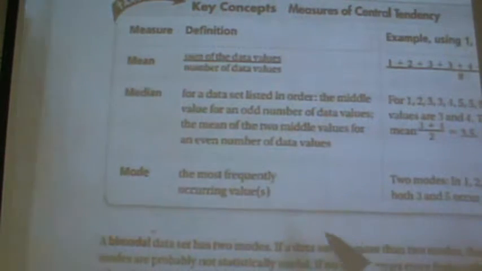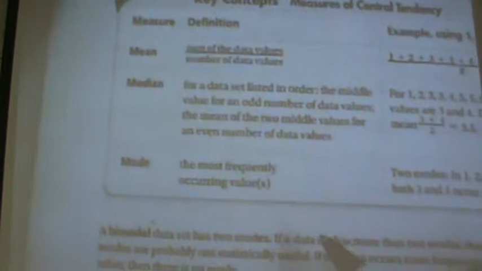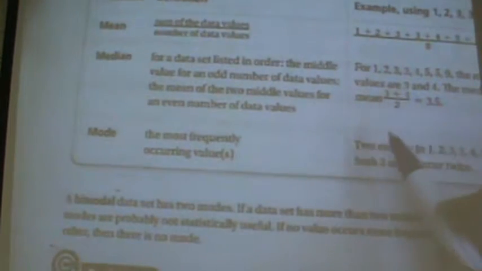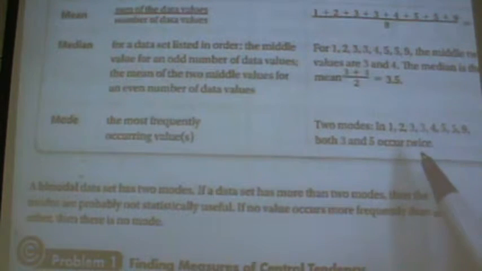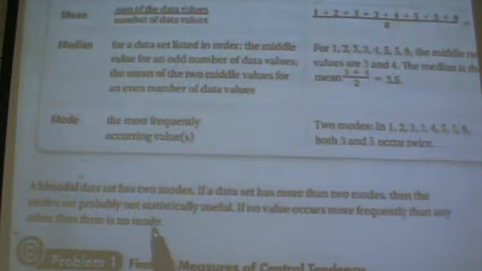Mode is the one that occurs most often. Sometimes two numbers will occur the same amount most often. If that happens, we say that is bimodal data. Bimodal means there's two modes.